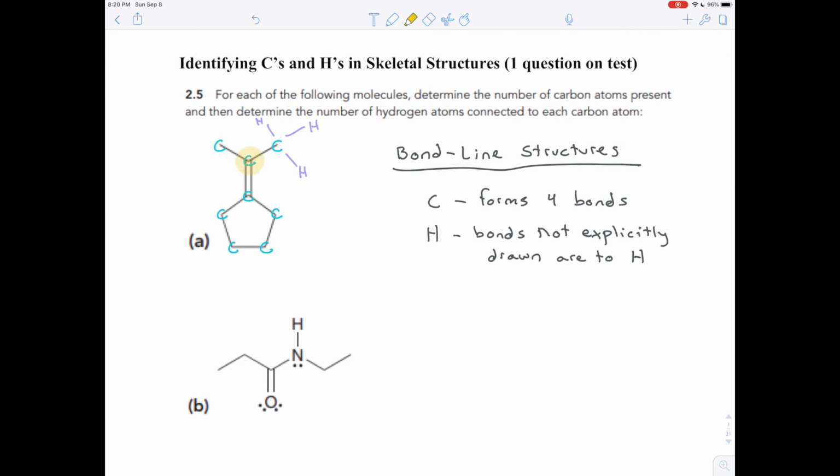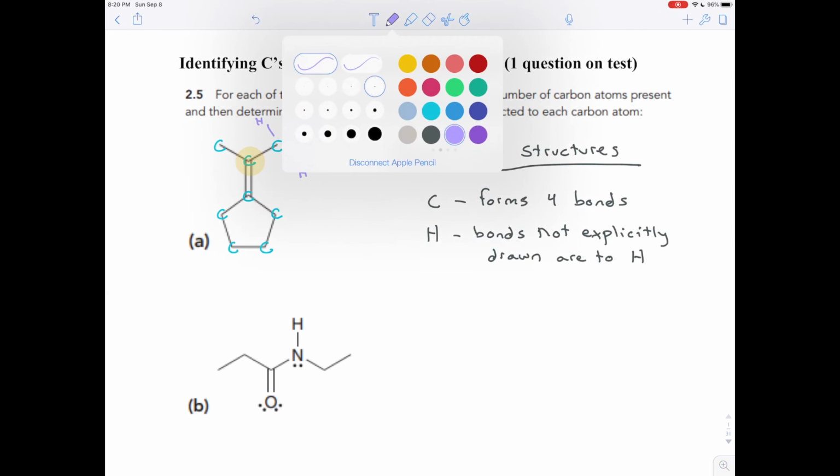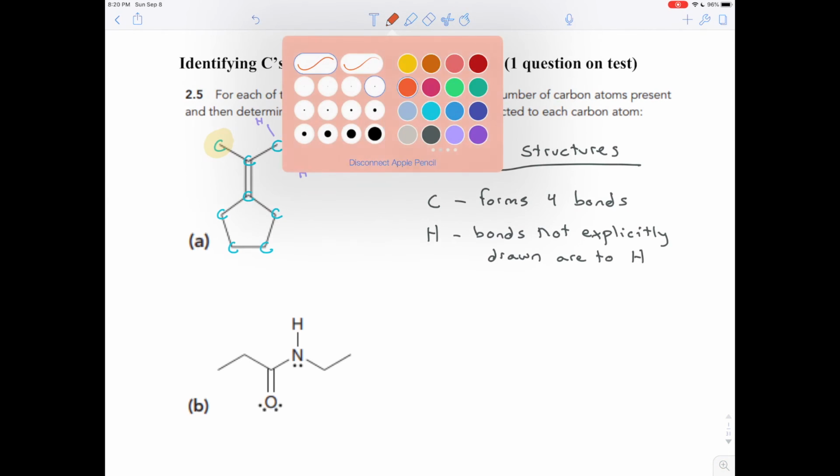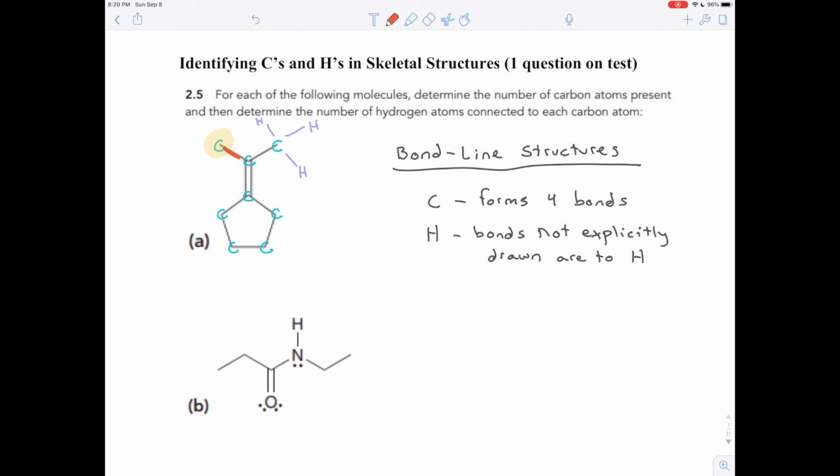This next carbon here has 1, 2, 3, 4 bonds drawn. And so it already has 4 bonds, so we don't have to draw any other bonds in. That's fine as it is. It doesn't have any hydrogens around it. If you look at this carbon over here, it only has 1 bond drawn.